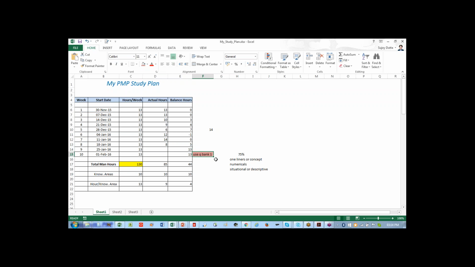After using the question bank, you go through the answer list and find out how many answers you marked were correct, and now you do the gap study.